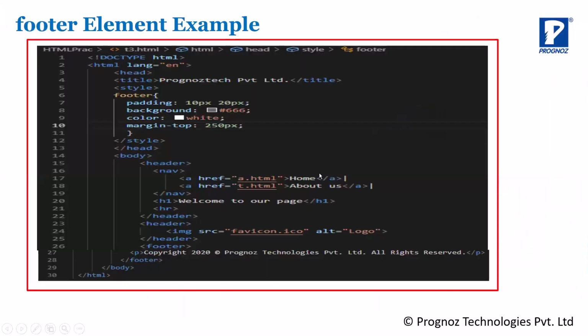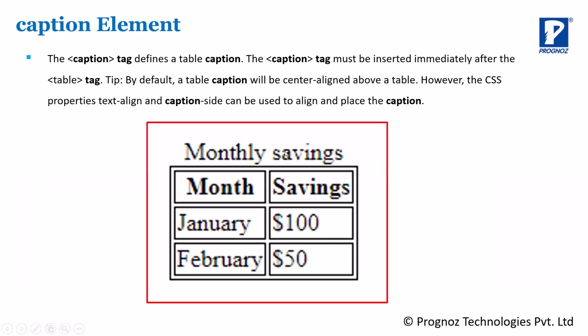So we did it. Next, caption element. When do we have to use the caption element? Whenever we are representing some content in tabular format, row and column format, then we use the caption element, and the caption element represents the heading of the table.